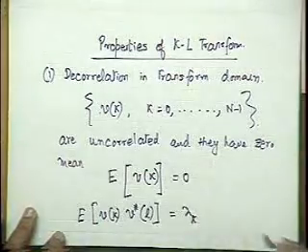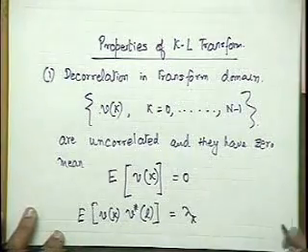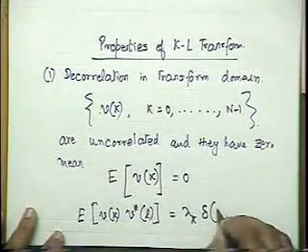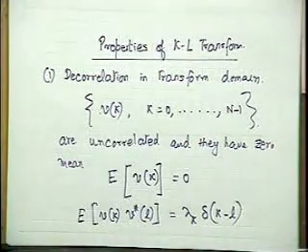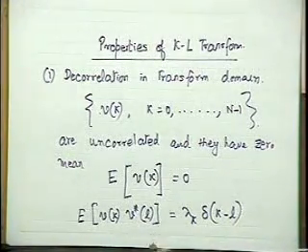And only if K is equal to L, then the correlation will be given by what? Tell me. By the eigenvalue. The eigenvalue will give the correlation. So this will be written as the kth eigenvalue, lambda k, times delta K minus L. This is going to be the second property.